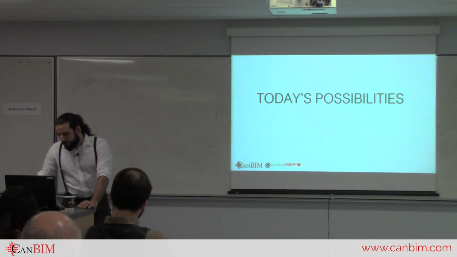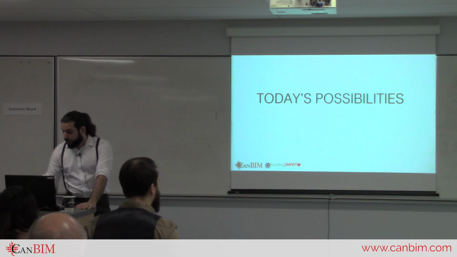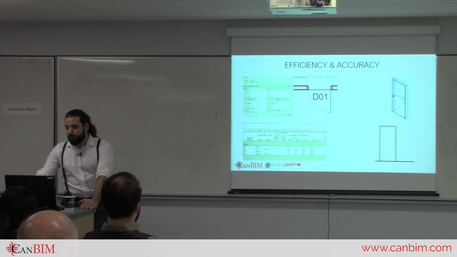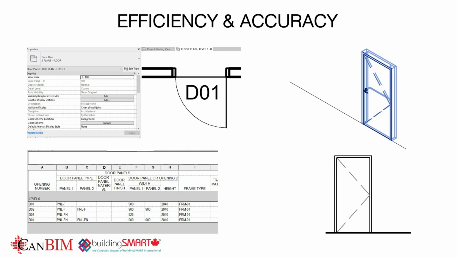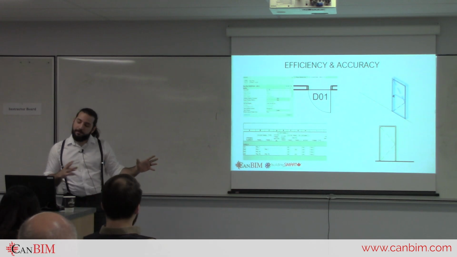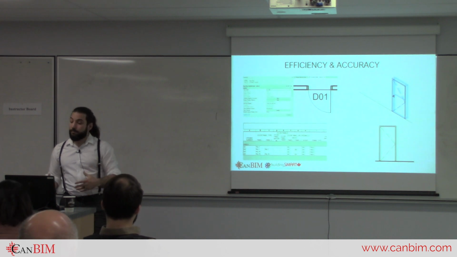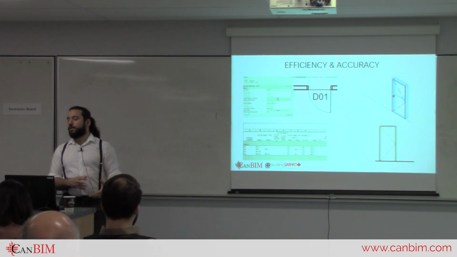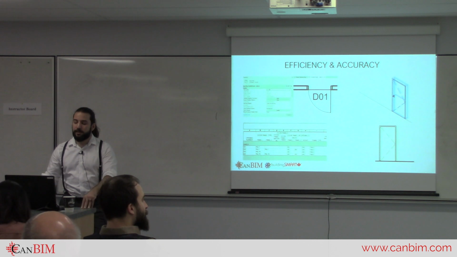Okay, so today's possibilities. Of course, the number one reason we use BIM is efficiency and accuracy. Although this comes with an asterisk, because you really need to have your people trained and they need to be doing things right to get this at the end of the day.